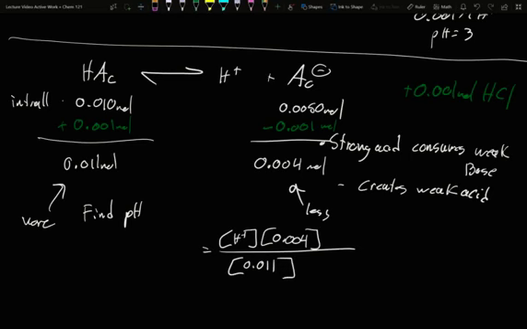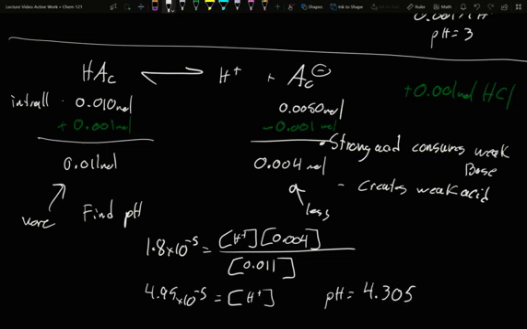Our Ka is still the same, 1.8 times 10 to the minus 5. So rearrange, solve for our H+. We find 4.95 times 10 to the minus 5. If we want to find the pH of that, we get 4.305.